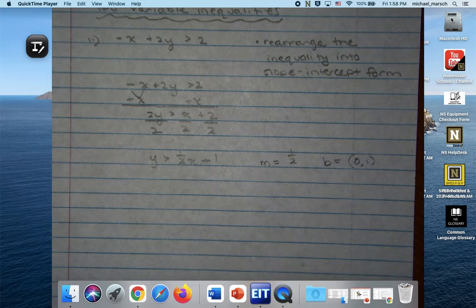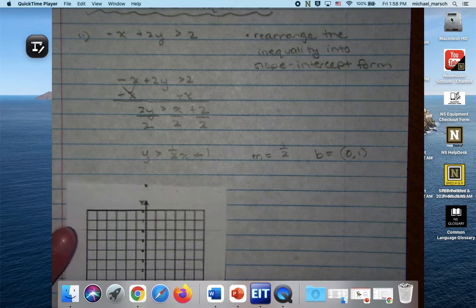So I'm going to get out my third graph. I'm going to glue it kind of right here, off to the side a little bit.